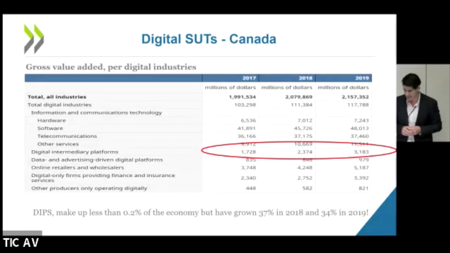I did contemplate asking what percentage of value add do you think digital intermediary platforms are within the Canadian economy? But you can see there it's 0.2%. Now, we know that that's not exhaustive because the way that they undertake the production of these estimates is still, as I said, a bit of a scavenger hunt and then applying it to certain industries.